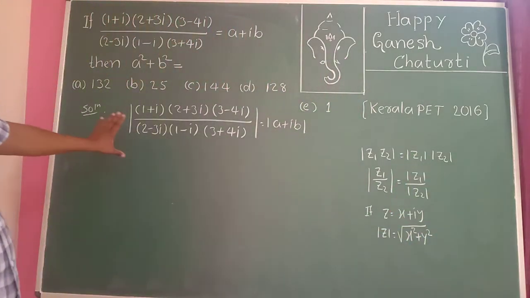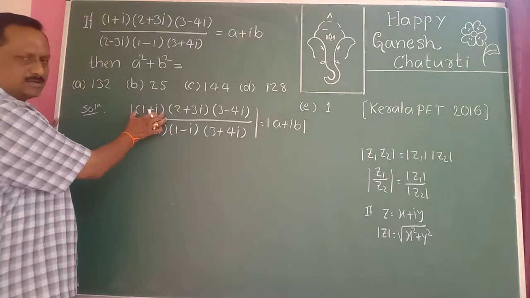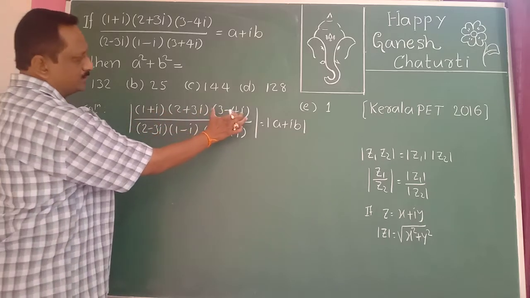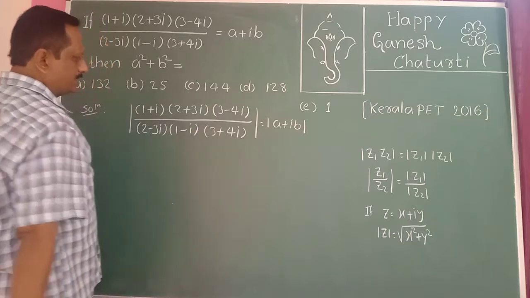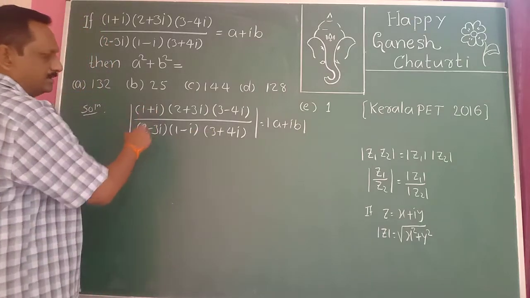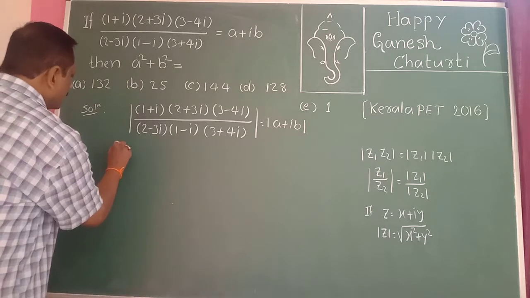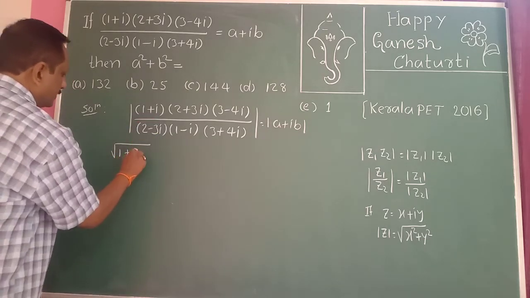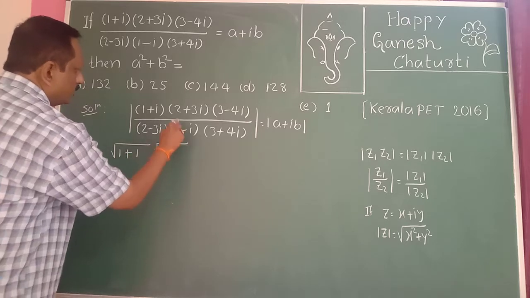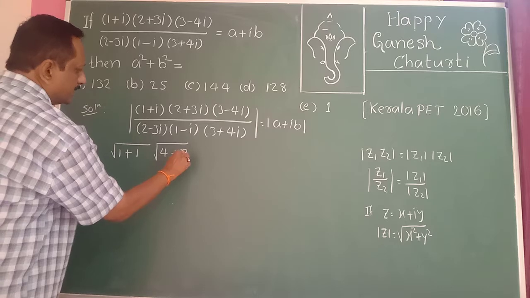So you apply these formulas. Hence the modulus is the product of the moduli of the numerator terms divided by the product of the moduli of the denominator terms. Using this formula, modulus of 1 plus i gives root of 1 square plus 1 square, which is root 2. Root of 2 square is 4 plus 3 square is 9 here.